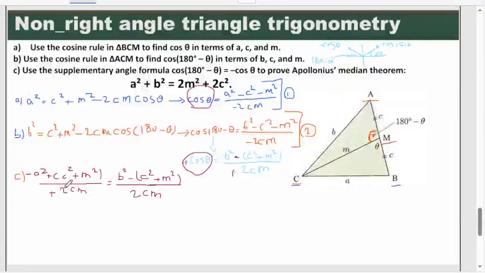We see I have two fractional expressions.